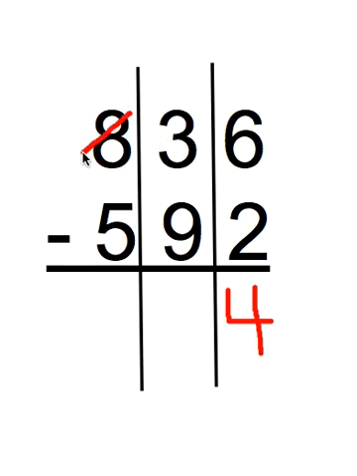I'm going to take away 1 from the 8, regroup it, add 10 to this 3. 10 plus 3 is 13. So now I have 13 minus 9. I know that 13 minus 9 is 4.